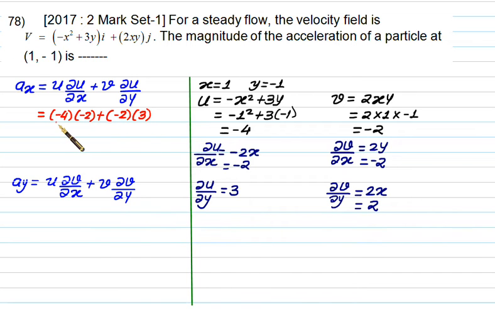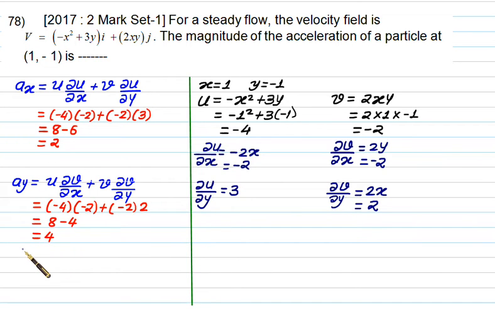In this case we get plus 8 minus 6, that will be equal to 2. And we have ay equal to u, which is -4, times del v by del x, which is -2, plus v, which is -2, times del v by del y, which is 2. So again it is 8 minus 4, equal to plus 4.